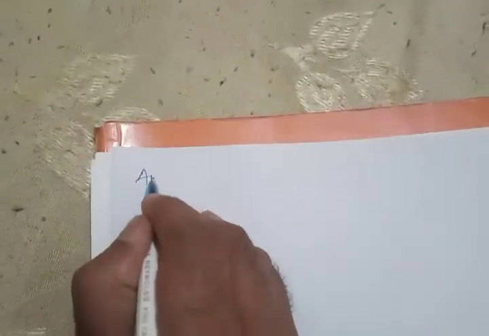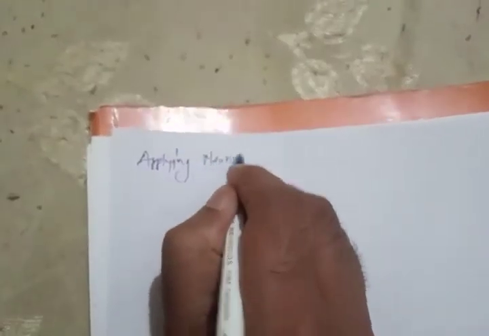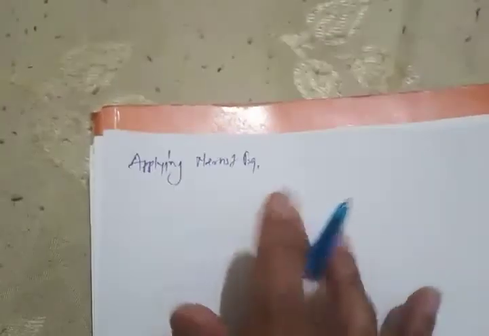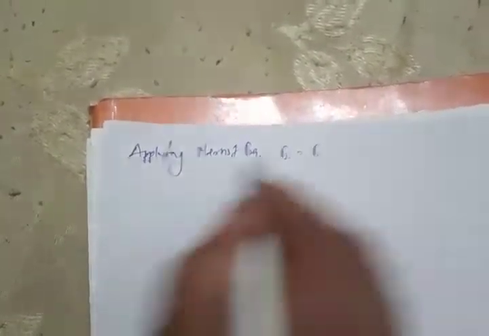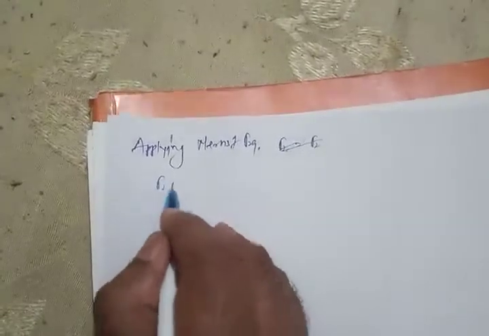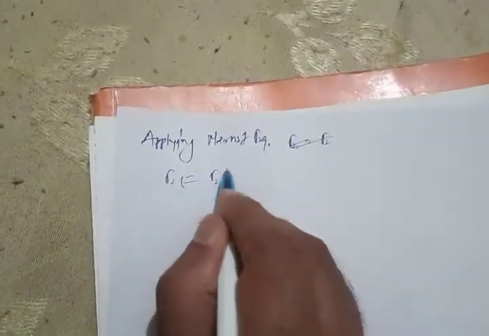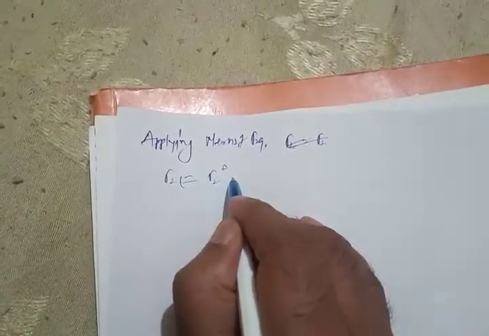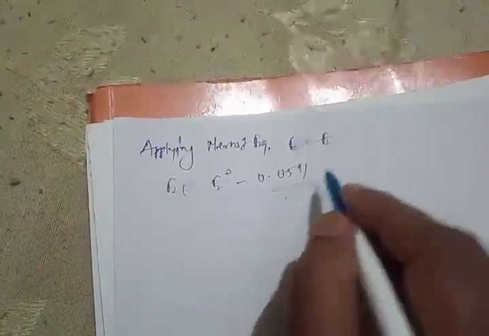Now let's apply the Nernst equation. So the Nernst equation is what? E equals E naught minus 0.059, and here we have only one electron, so no need to write that value.